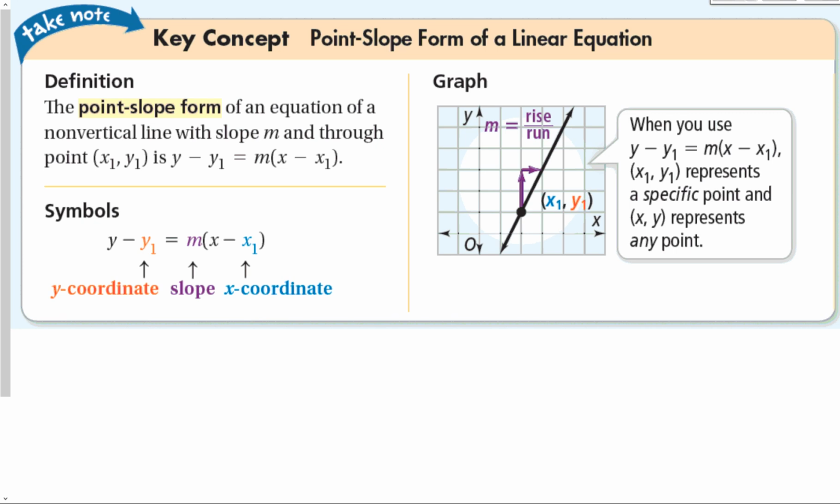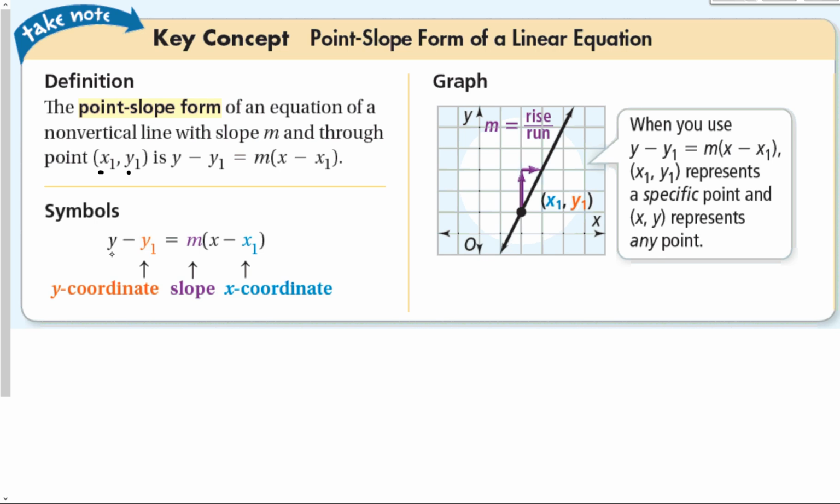And to do that, I'm going to need an equation. So the point slope form of an equation of a non-vertical line with a slope of m through x1, y1, through that specific point is y minus y1 equals m times x minus x1.